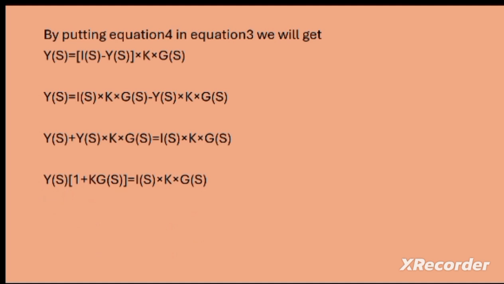I can see that Y of S is common, so I will take it out. So I will get Y of S multiplied by 1 plus K G of S equals I of S multiplied by K multiplied by G of S.